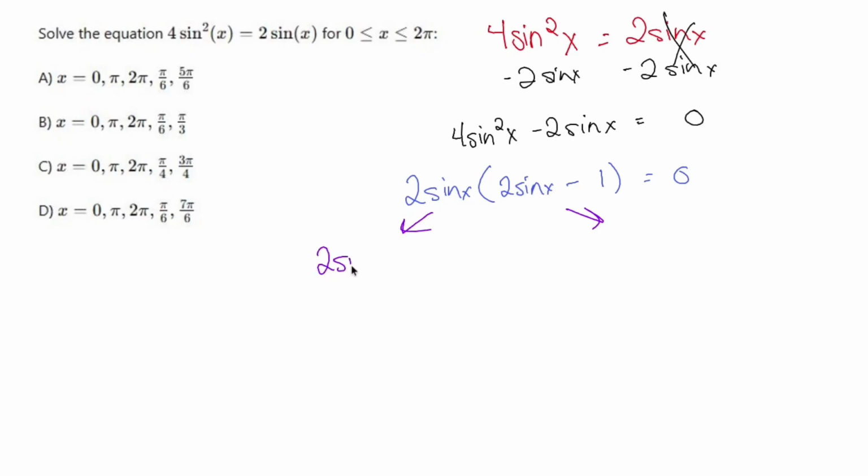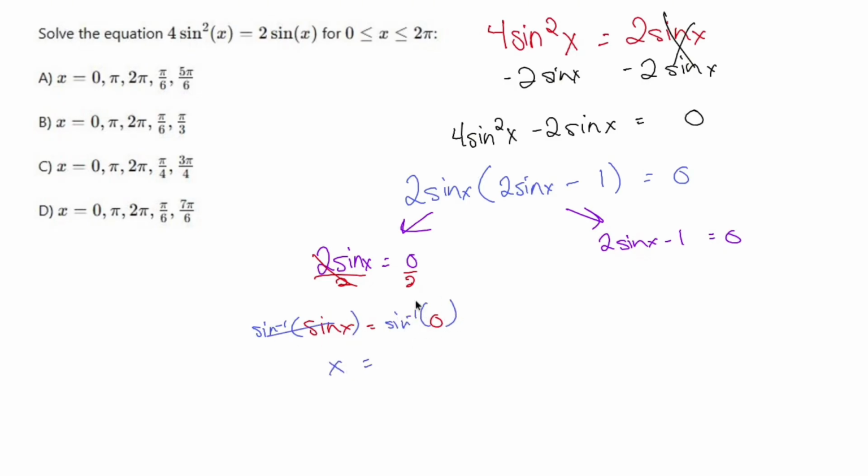So I have 2 sine x equals 0, and 2 sine x minus 1 equals 0. Let's focus on one at a time. If I divide everything by 2, I still get 0 on the right, so sine x equals 0. And in order for me to get x all by itself, I inverse sine both sides, like that.